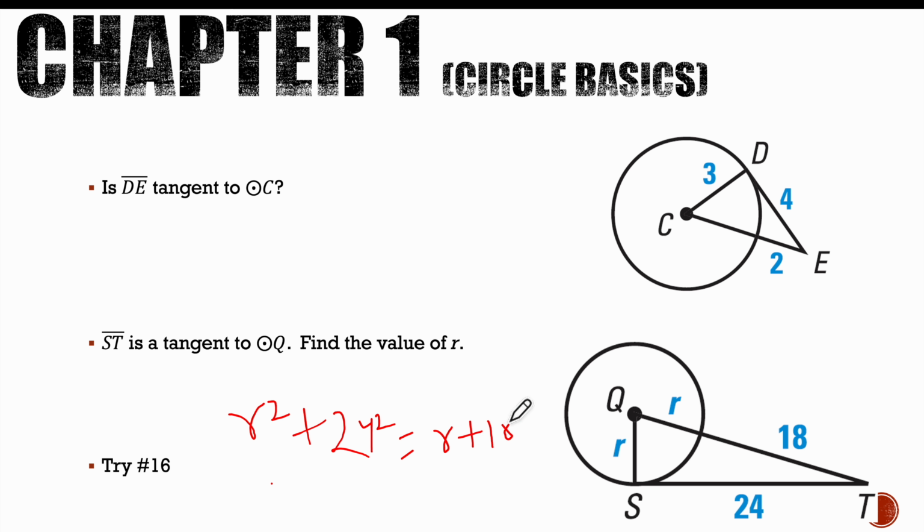Because r plus 18 is the hypotenuse. We learned already that the radius at the point of tangency makes a 90-degree angle. So r square plus 24 square equals (r plus 18) square. And when you solve this equation, you will find the value of r, and you know that r would be positive. So you would ignore the negative value.